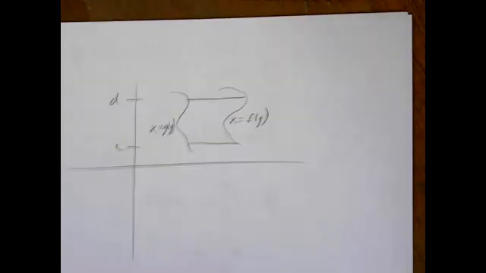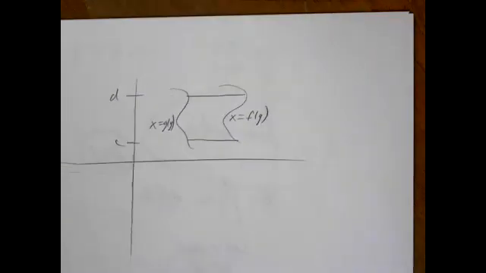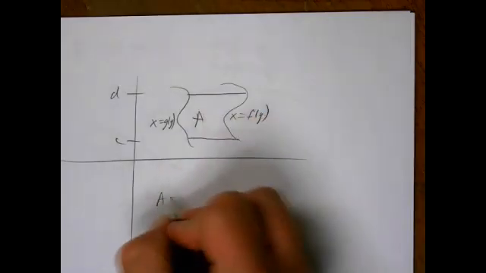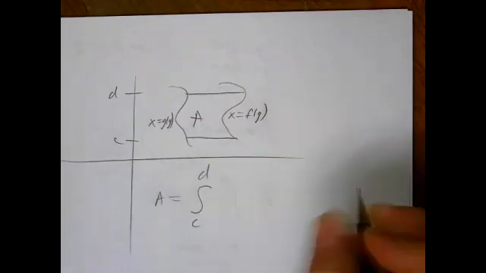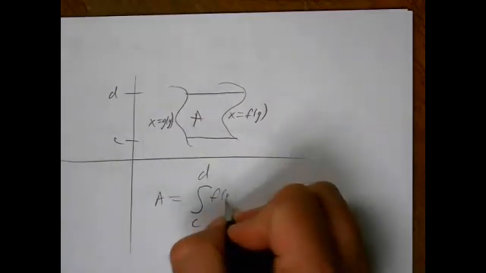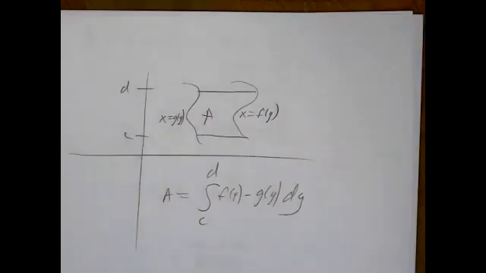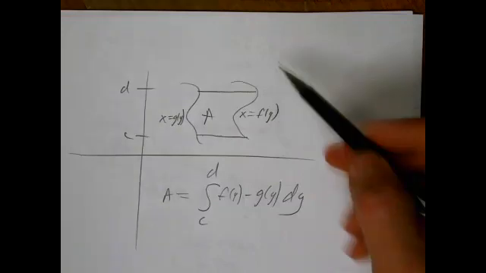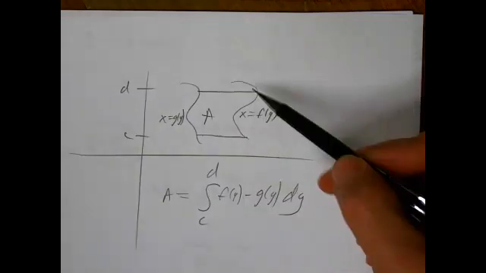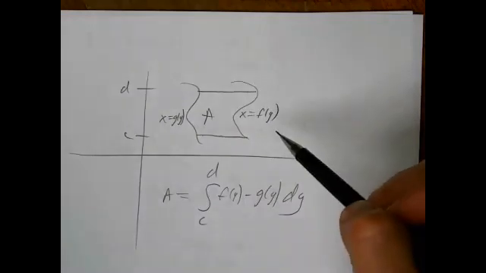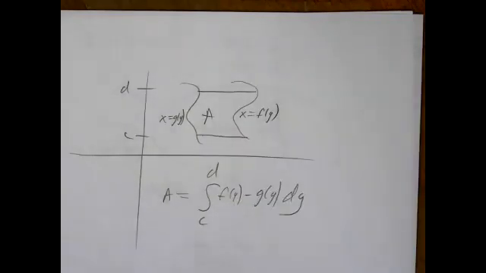We will define our area, though, in a very similar fashion. We will define the area in here as being the integral from c to d of f of y minus g of y dy. So with regions that are functions of x, it is upper minus lower. With regions that are functions of y, it is right minus left. And other than that, the procedure is exactly the same.